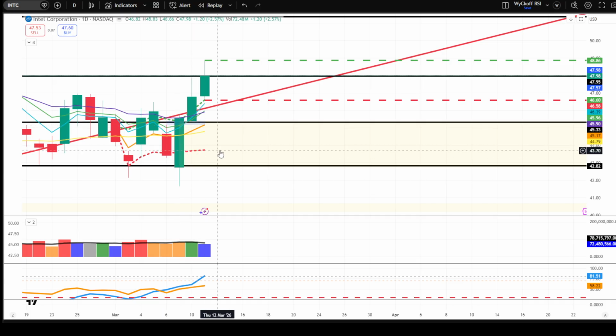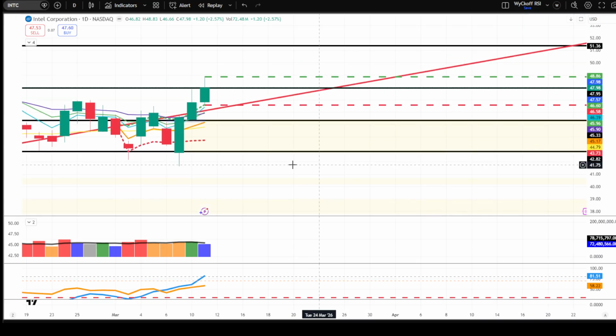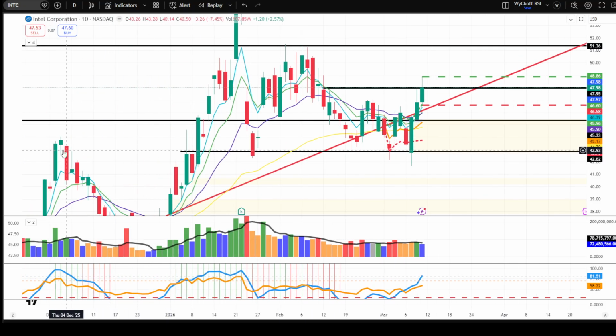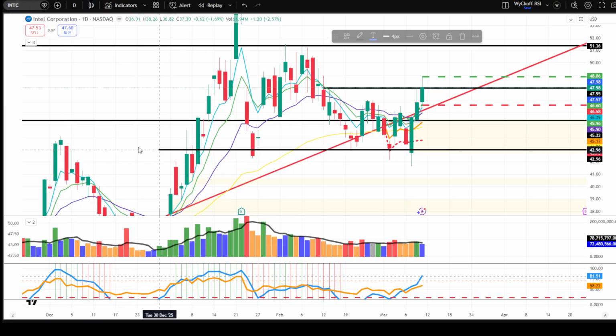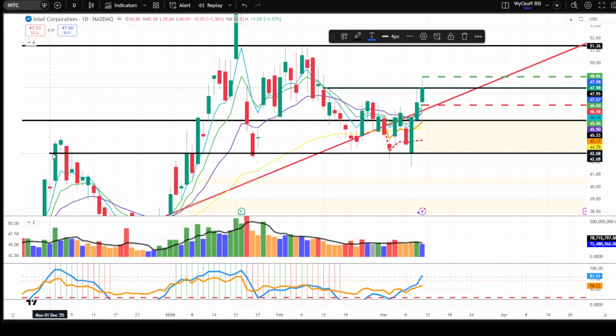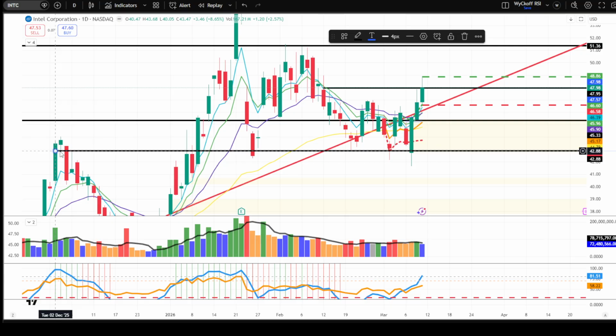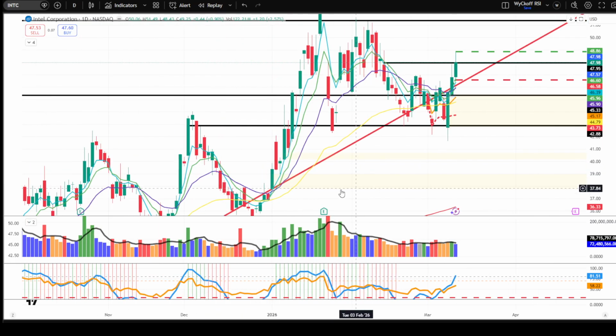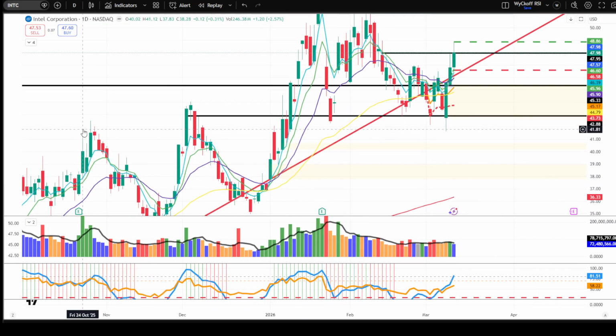Otherwise, it could break down further to this next support level with multiple touches. This is another strong area of support, and another strong area could be here.